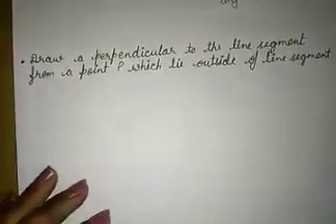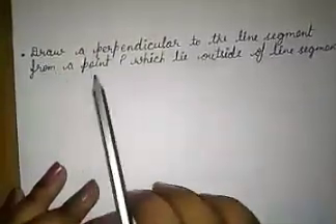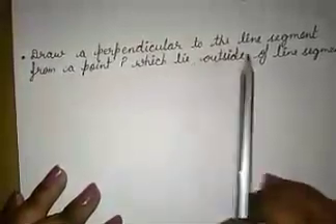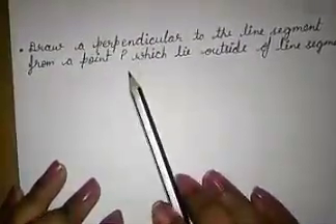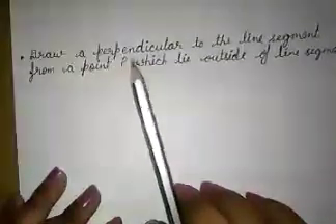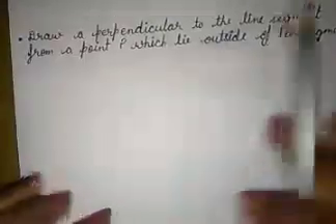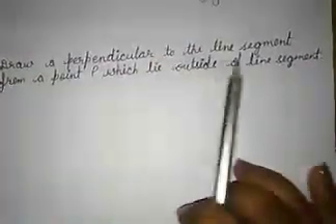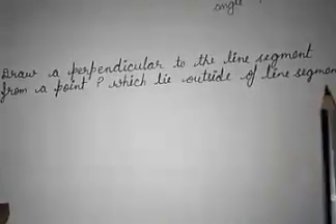Now next topic comes a perpendicular to the line segment from a point P which lie outside of line segment. Previously we had done the perpendicular from the point which was on the line segment. Now we are drawing the perpendicular to the line segment from the point which is outside the line segment.